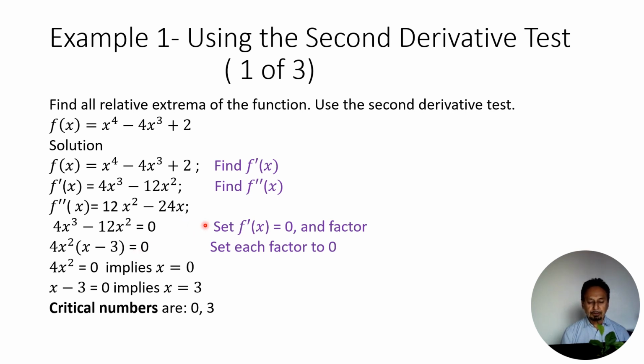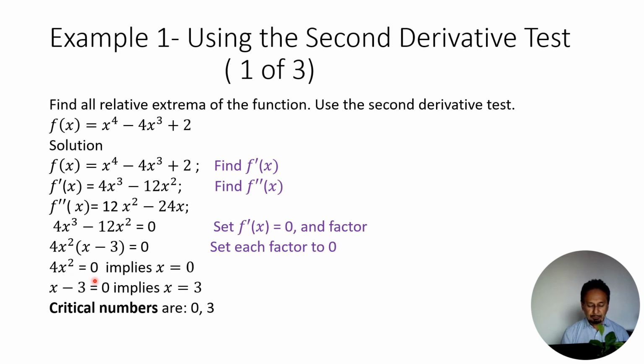Now we find the critical values. To find that, we set the first derivative to 0. So we have 4x cubed minus 12x squared equals 0. You can see we can factor out 4x squared, and it gives you x minus 3 equals 0. Now we set 4x squared equals 0.